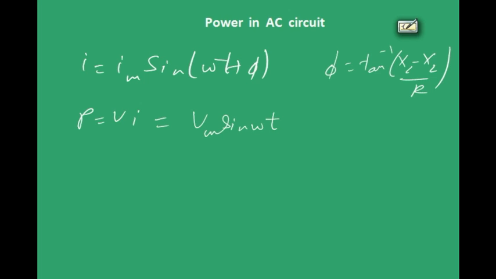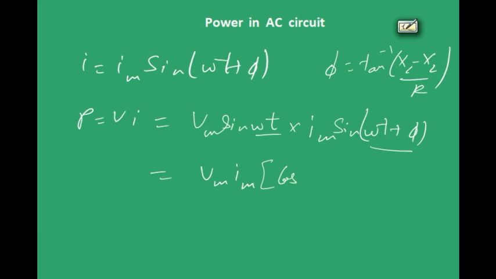It is the source voltage, and I found out I to be Im sine omega t plus phi, right? So again, by the same procedure, Vm and Im I have here, and sine omega t into sine omega t plus phi, using sine A sine B, can be written as cos A minus B, that is cos phi, minus cos A plus B, that is cos 2 omega t plus phi.